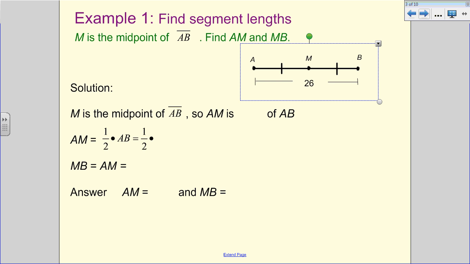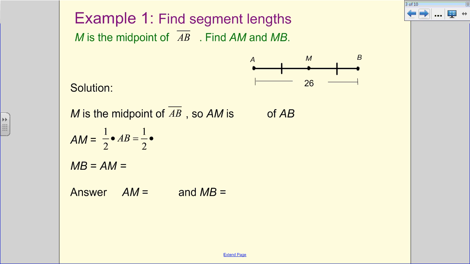All right, so I need to find the midpoint of AB. So to do that, they want me to find the measurement of AM, where M is the midpoint. They want me to find AM and MB, so this is finding segment length. So M is the midpoint of AB.